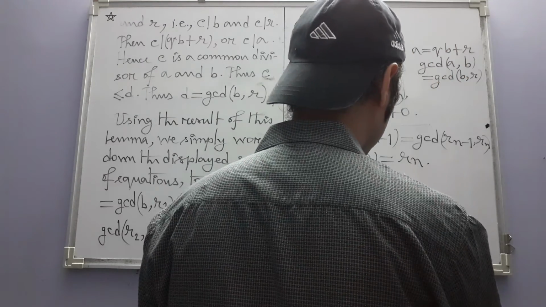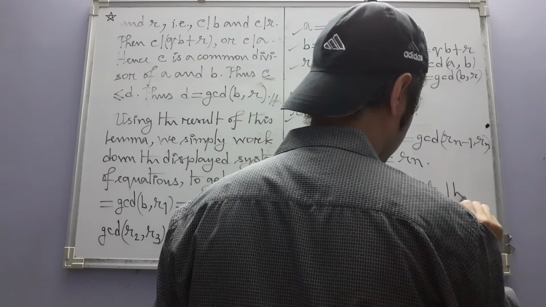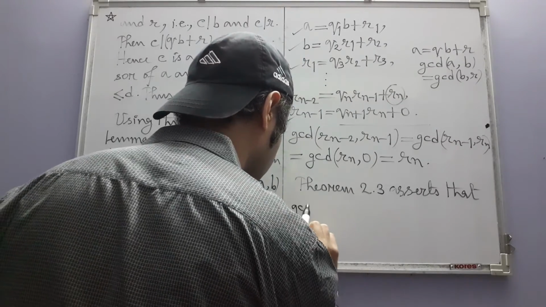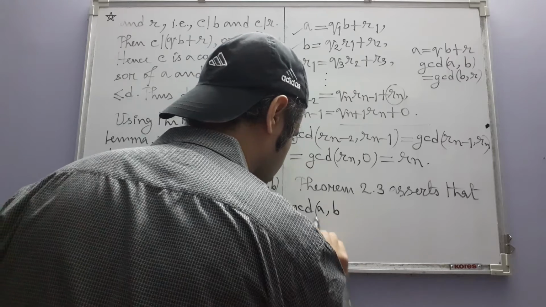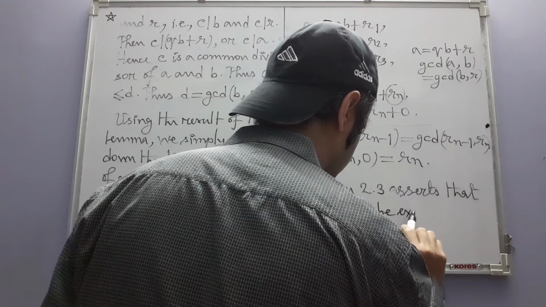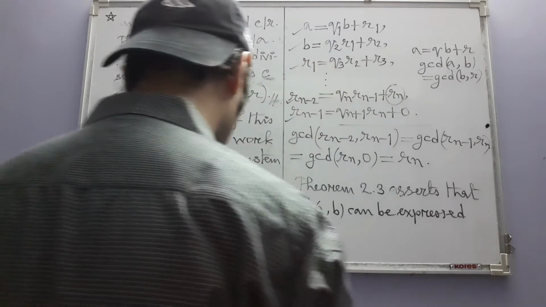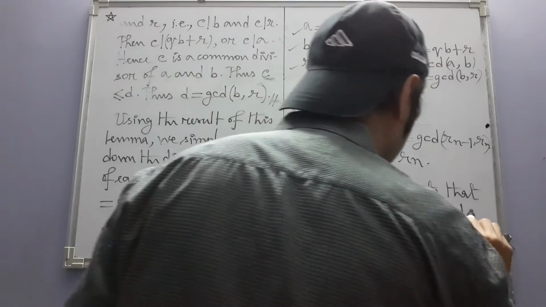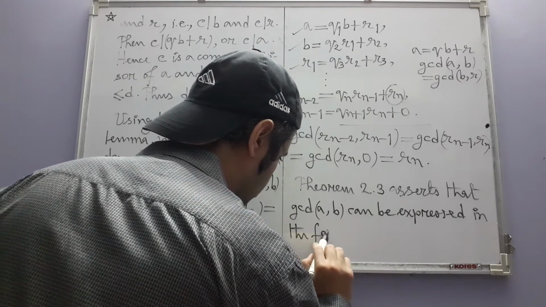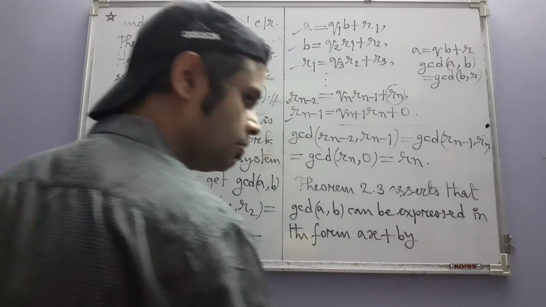This asserts that the GCD of A and B can be expressed in the form ax plus by.